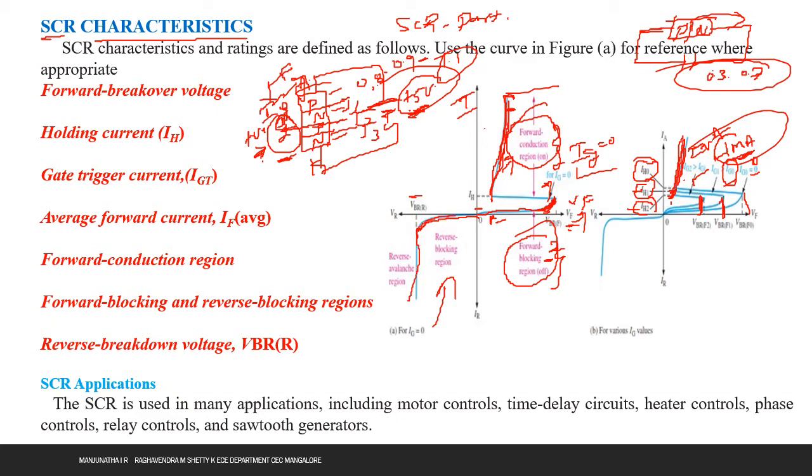Still, we are able to see a small value of current, which is the reverse current or leakage current. That is a very small value which we can neglect. It is of negligible order.